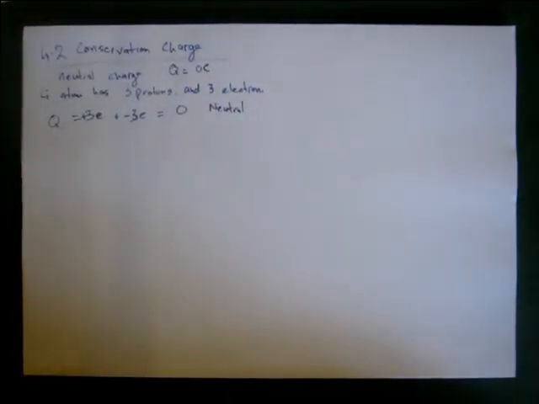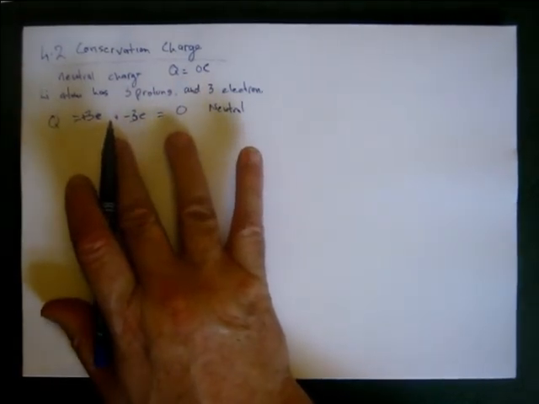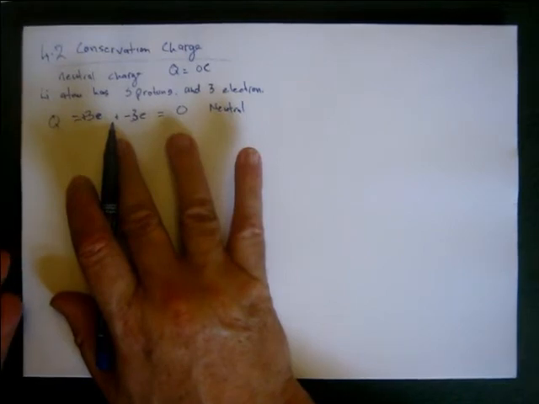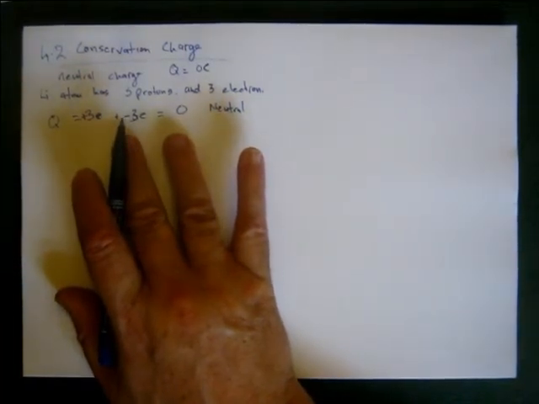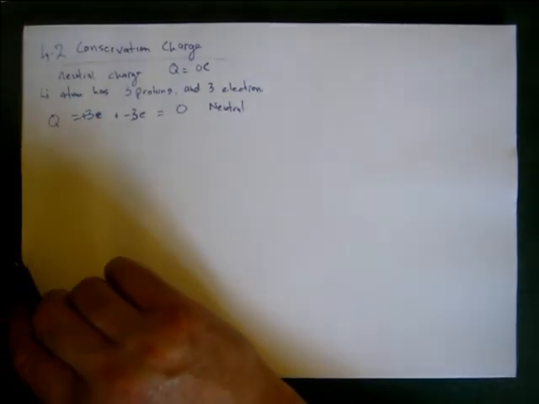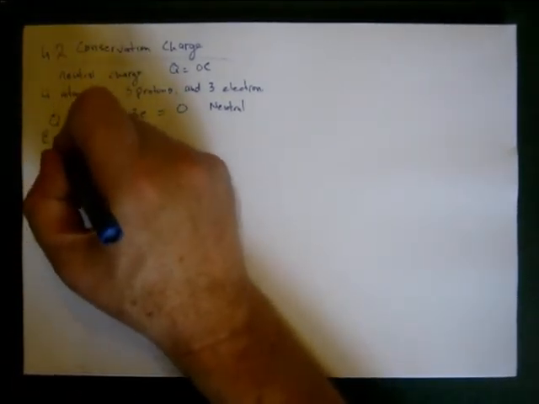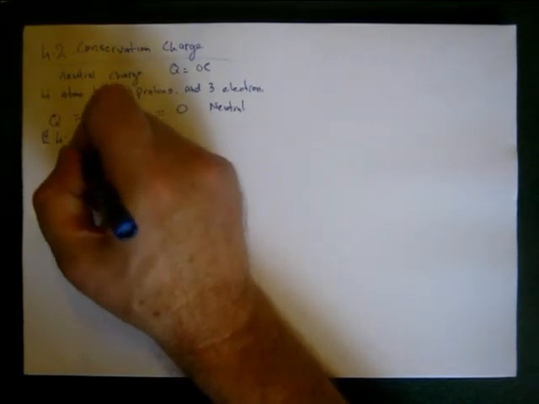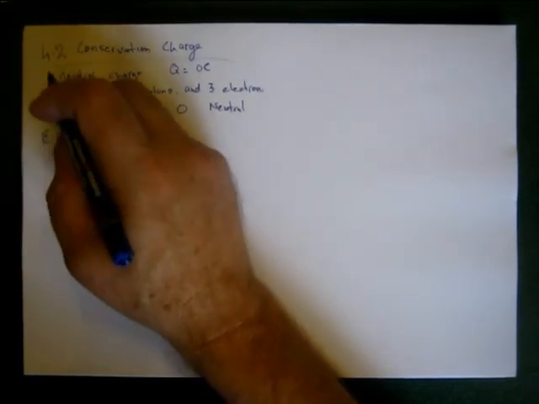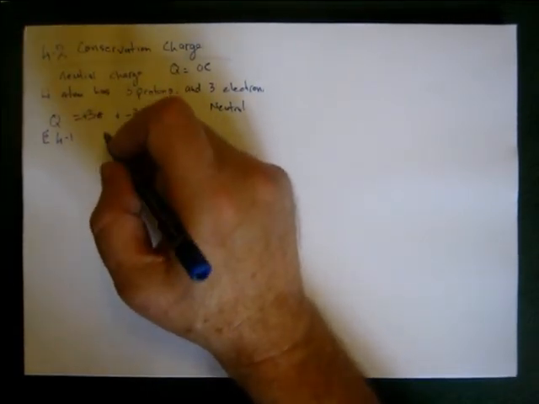Now the thing about an atom, if it is neutral, in science we call that an atom. If it is not neutral, say it's positive or negative, then we call it an ion. So let's take example 4.1 or exercise 4.1. An oxygen atom contains 8 protons and 8 electrons.